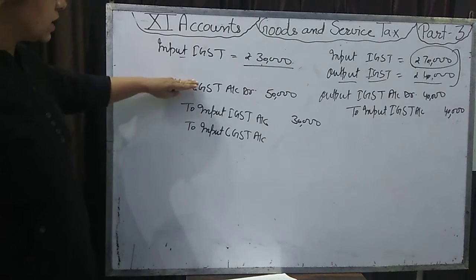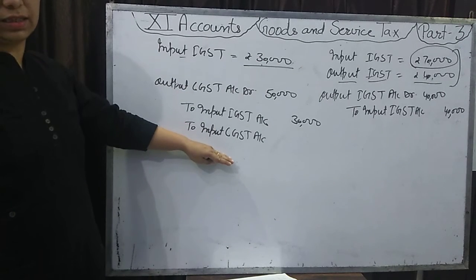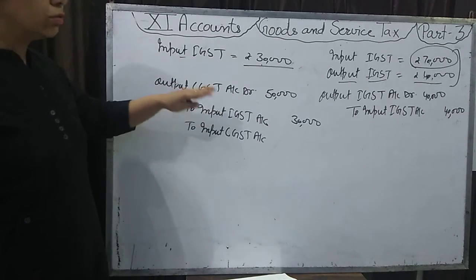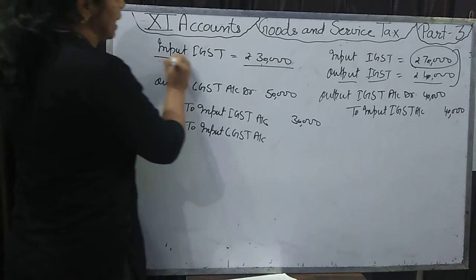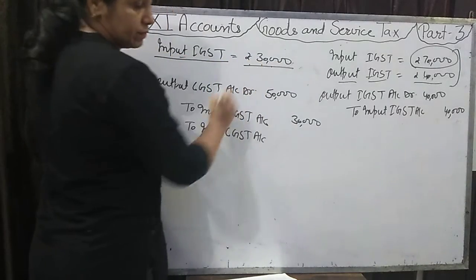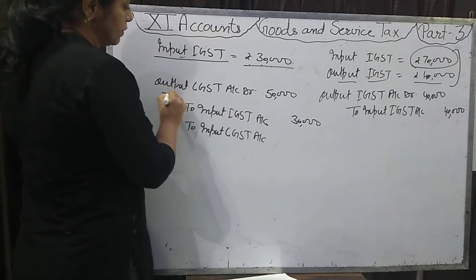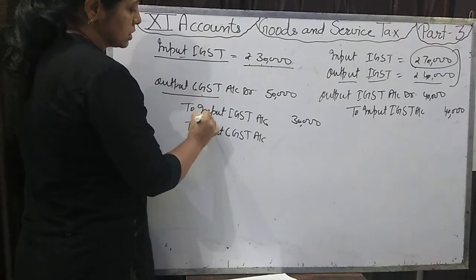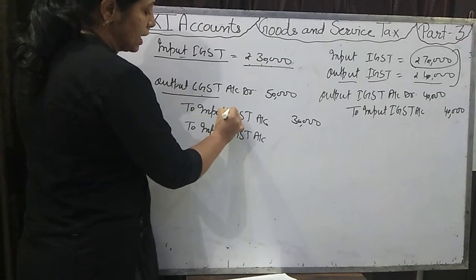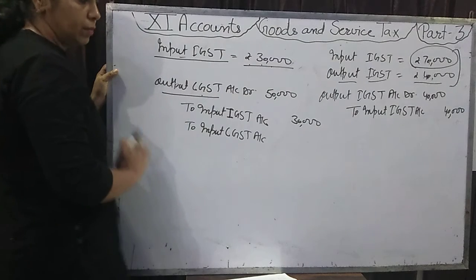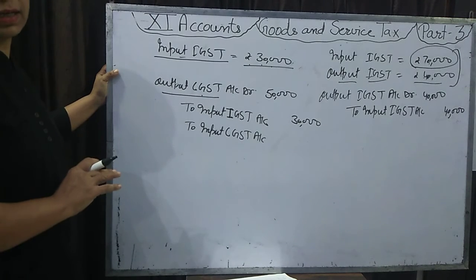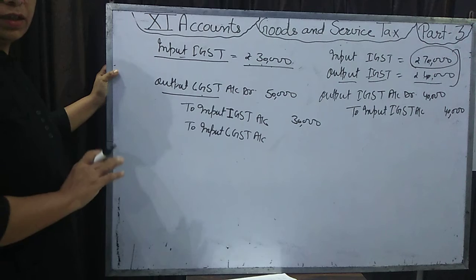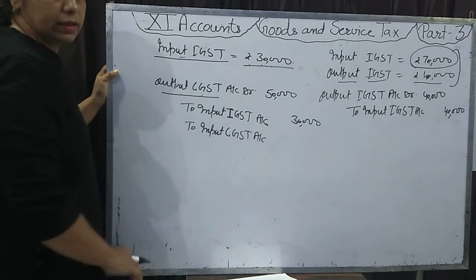Normally we adjust CGST with CGST only, but now the rule has changed from 1st Feb 2019. If we are having balance in input IGST, then first of all we will adjust the output CGST from input IGST. We do not have to keep any balance of input IGST, we have to finish it.